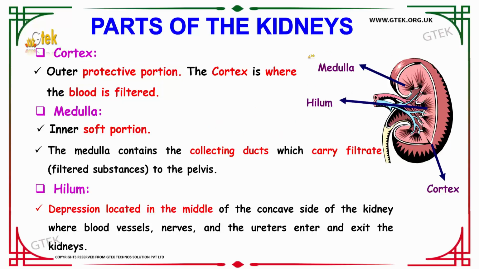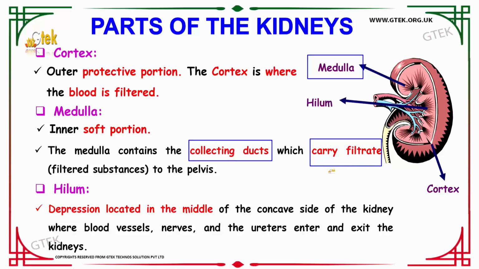Your medulla is the inner soft portion, and it contains the collecting ducts which carry the filtrate, that is from the nephron, the filtrates, that is your impurities, are carried into the pelvis through the collecting ducts which are present in the medulla.